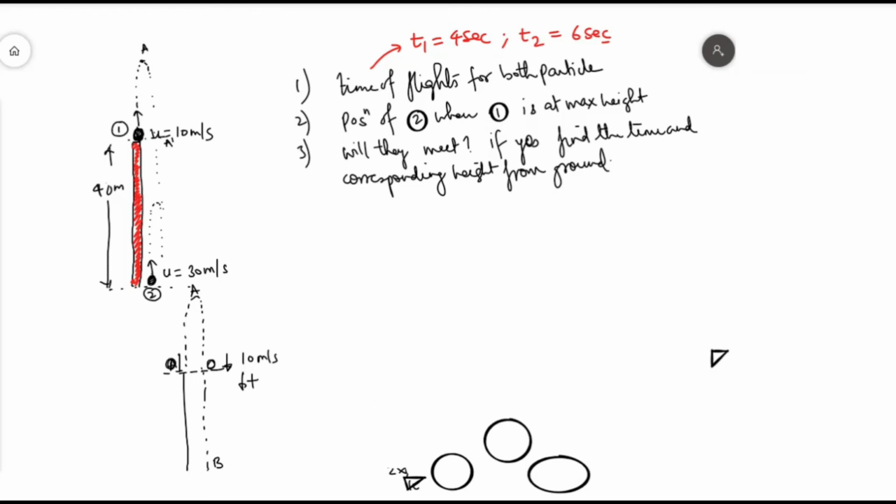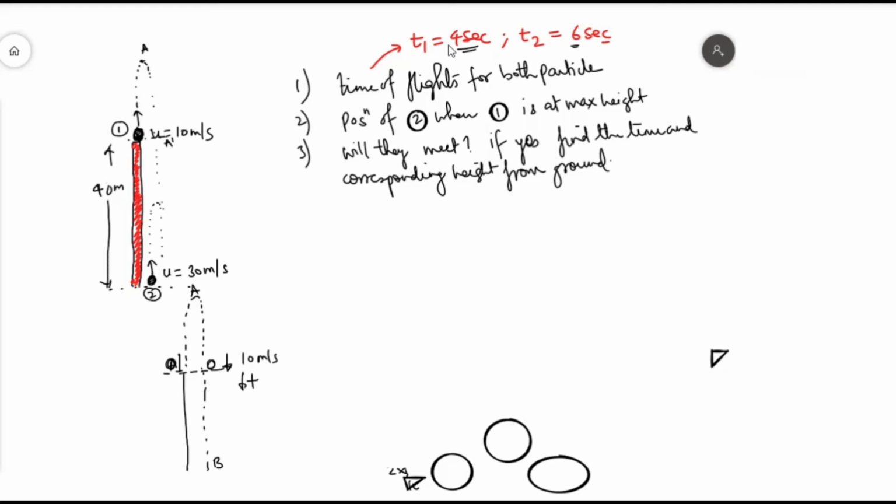When I calculated the time for particle 1, I did a scalar calculation. I calculated the time for this part, and then I separately calculated the time for this part, and I got 4 seconds, and for particle 2 I got 6 seconds. Now I could have gotten this t1, the total time of flight for particle 1, in just one single equation using the vector formulation.